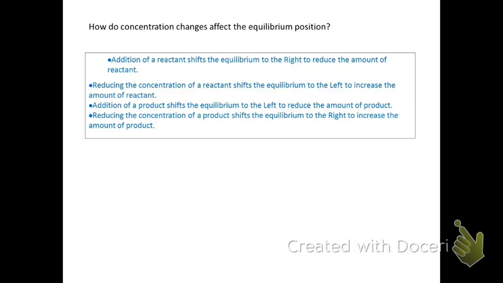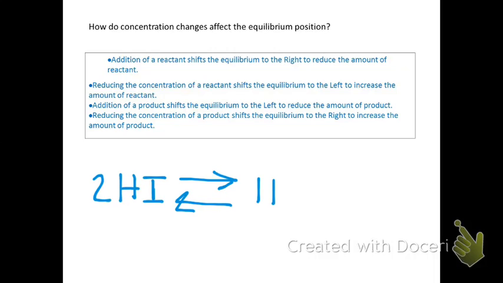So we're going to start out, first of all, looking at concentration and the effects on the equilibrium position when I increase or decrease the concentration of either the reactant or the product. So let's say that we have a particular reaction here, a simple one like 2HI, and it's in equilibrium with its products, which are going to be H2 gas and I2.